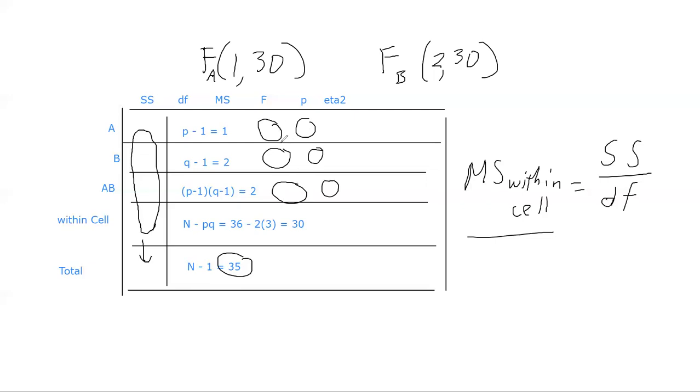Depending on exactly how many levels I have, it could be that all 3 of these have different degrees of freedom. In our case, A is different, and then B and AB are both the same. But be cautious: your degrees of freedom are very likely going to be different, and therefore your critical values are going to be different for each of your 3 different F results.